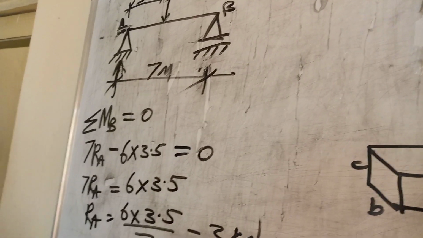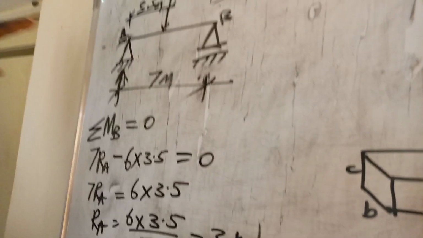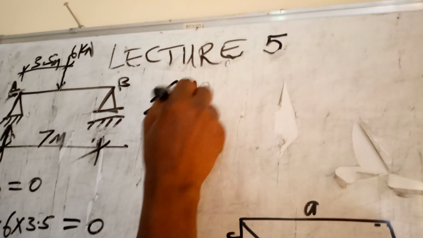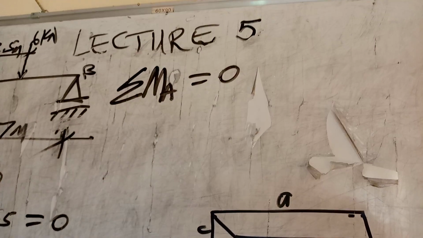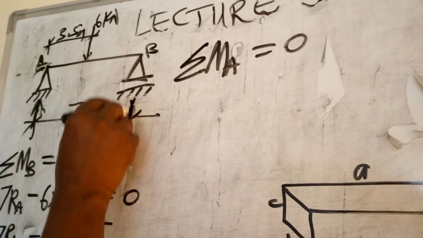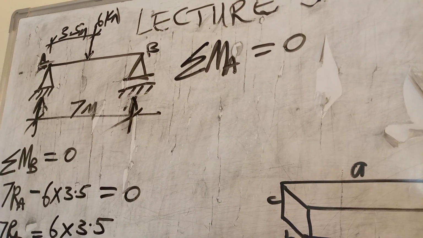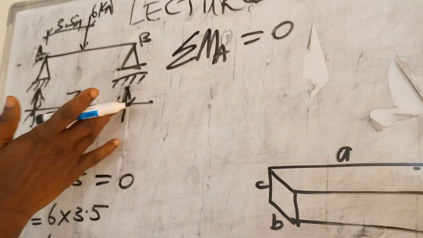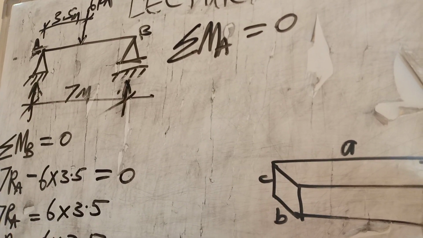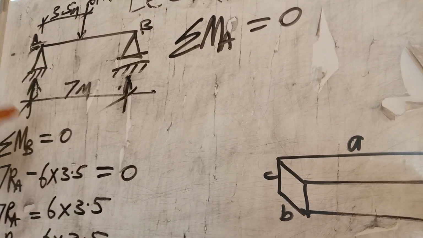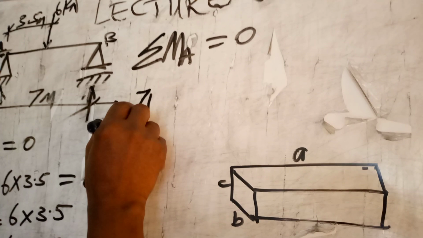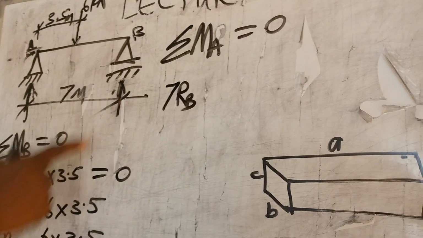To get the reaction at support B, we have to take moment about support A. So the total moment about support A is equal to 0 for support A to be in equilibrium. If we decide to take reaction B turning this way about A as positive, you can also call it negative, it doesn't matter. If you call it negative, then any other one against it becomes positive. But in this case, I call it positive. So I have 7 times reaction B, positive.